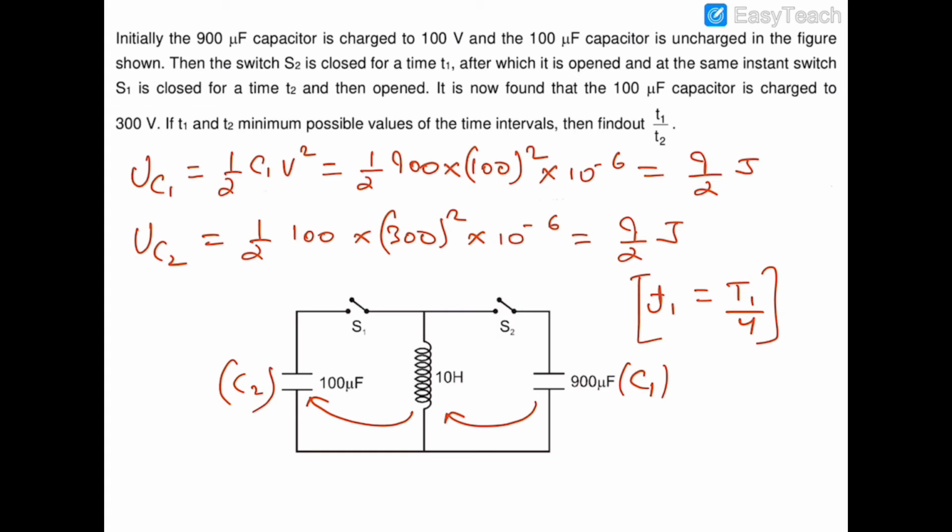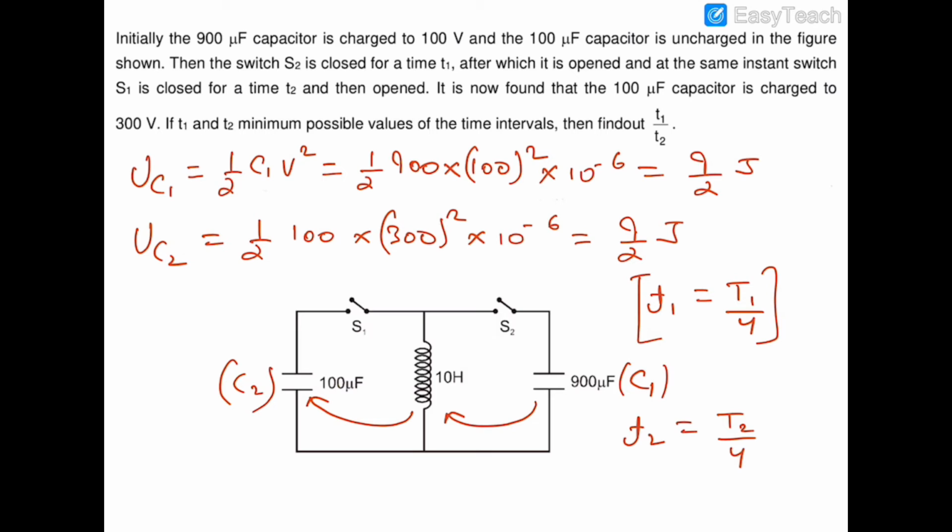Now the time T2 in which the block will transfer its energy, the block is compared with this inductor, and the capacitor is being compared with the spring. Now the minimum time in which the block will transfer its energy to the spring will also be equal to T by 4, where T will be the time period of this new system.